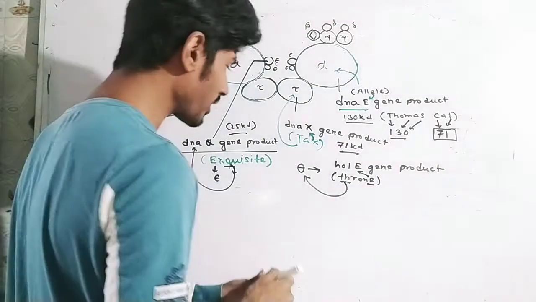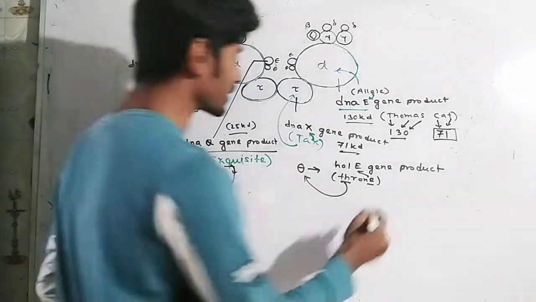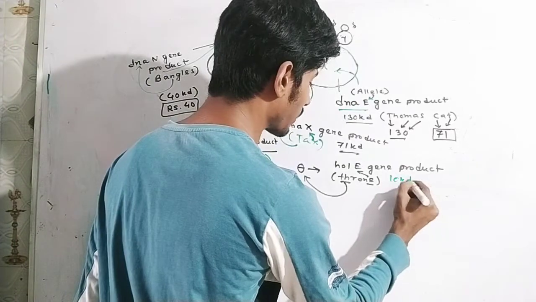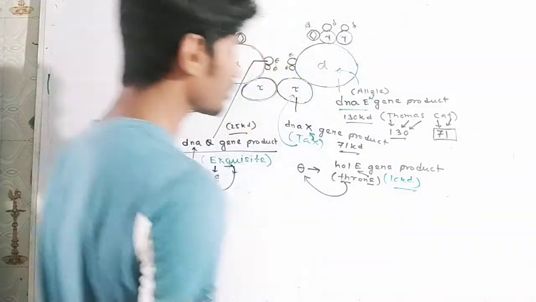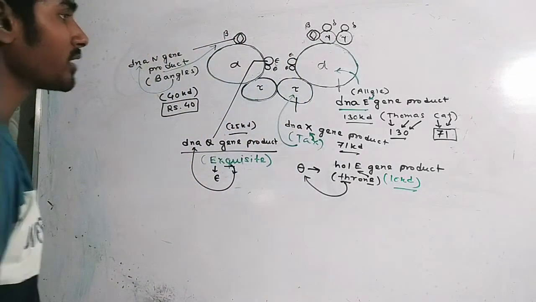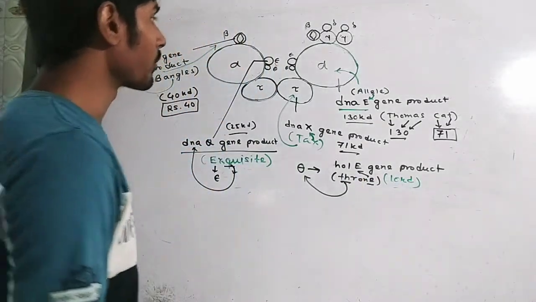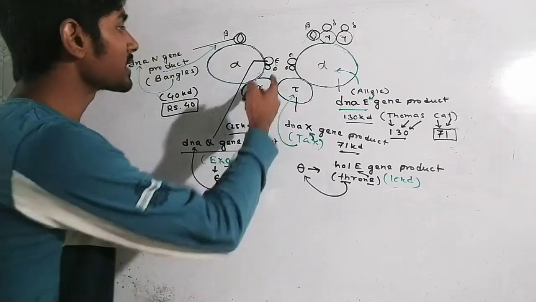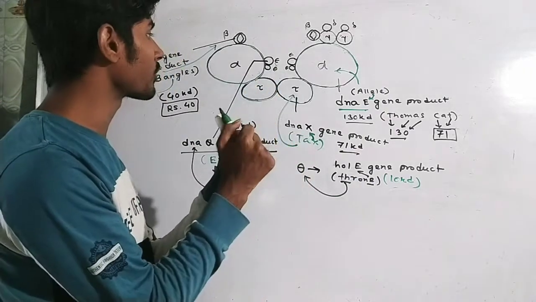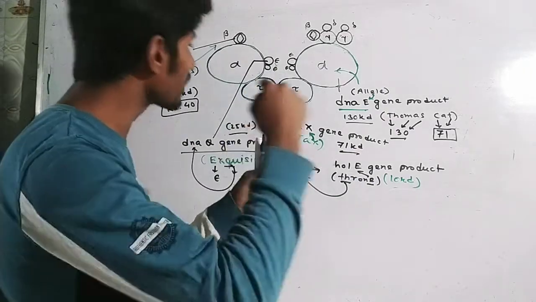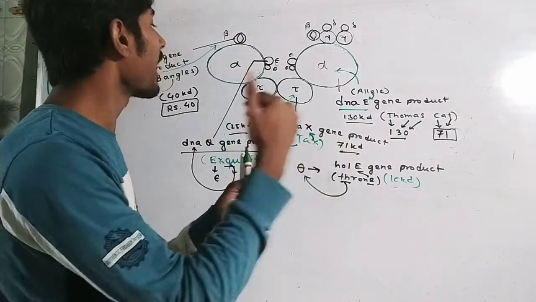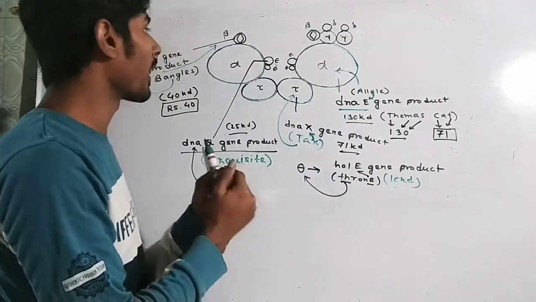And the molecular weight of the theta subunit is 10 kilodalton, and it's very easy to remember, I think, so I'm not giving you tricks on this subunit. The main function of the theta subunit is to bind to the epsilon subunit tightly so that the epsilon subunit can perform its activity or function well.